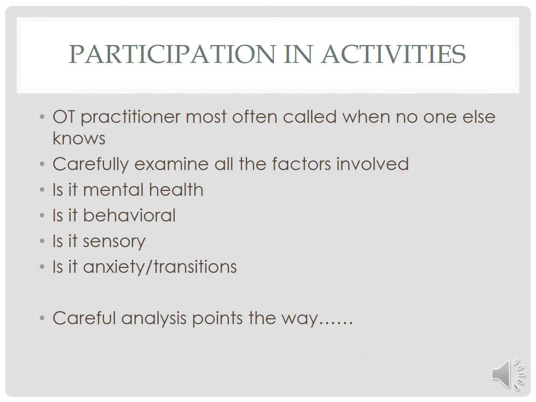And a lot of the time, OT is the hefty bag of therapy. We're the bag that people toss in when they don't know what to do with somebody. So, I don't know, there's something wrong with them. Maybe OT can help. Because we're kind of generalists, people will often give a referral to us when they're not sure what's exactly wrong with a child. So we often get those kids.